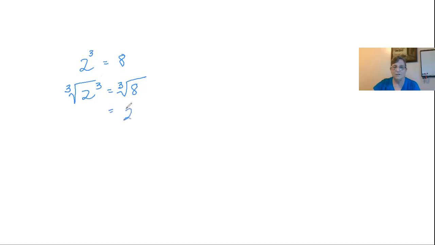The cube root of 8 is 2. The cube root of anything cubed is going to be whatever was in the radical. So we can get rid of the exponent by doing the cube root.